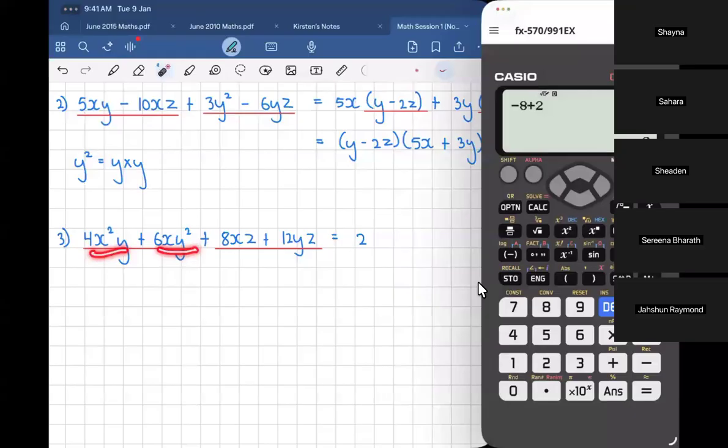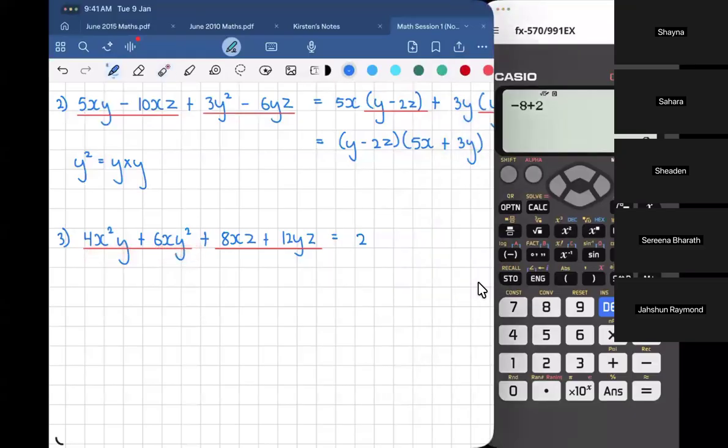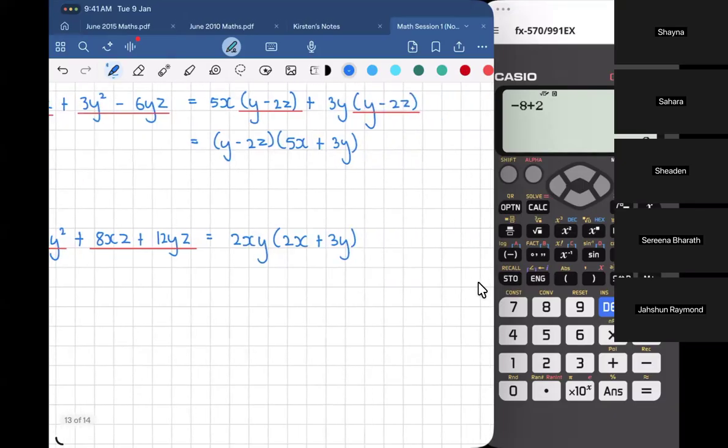X. X is common there. And also what? Y. Right? Let's pull out that. So we'll just write back 2 on the inside and x. Right? 2x plus 3y, sorry. Okay. Write back the plus sign in the middle.